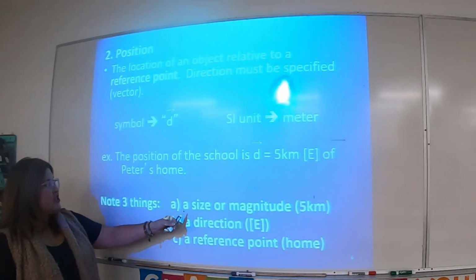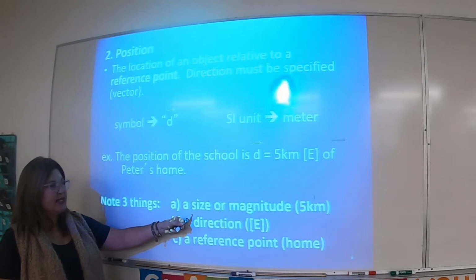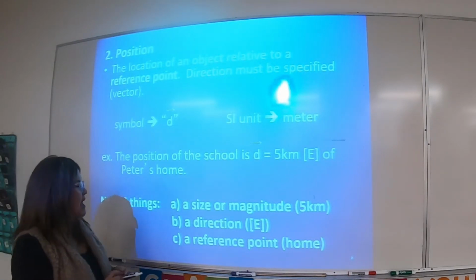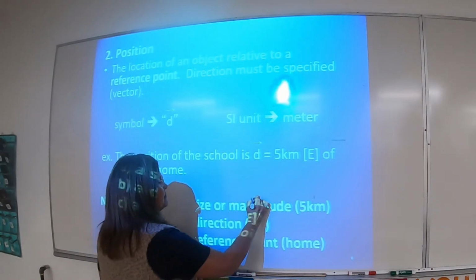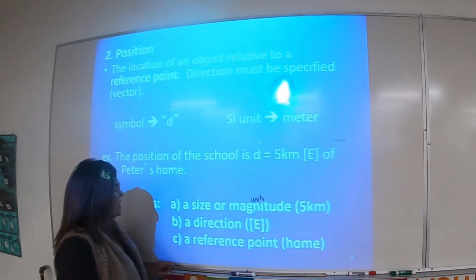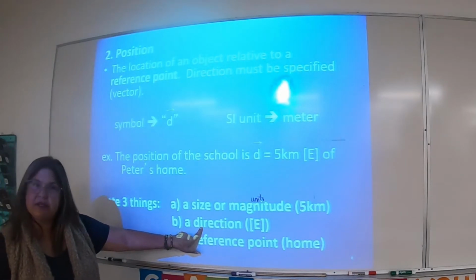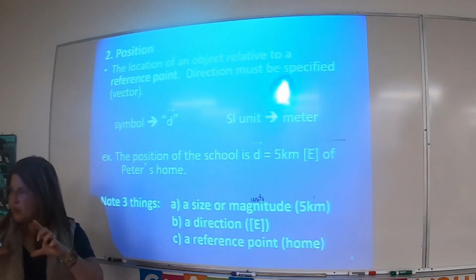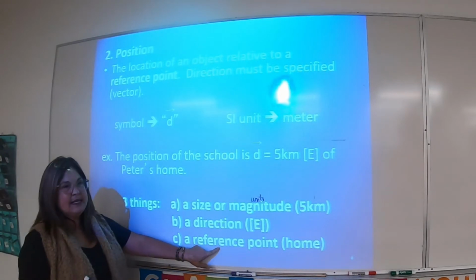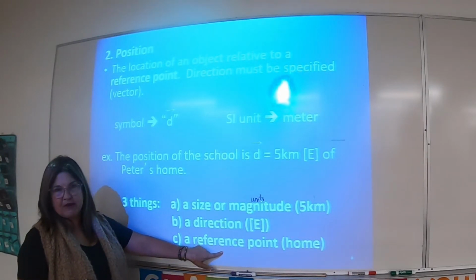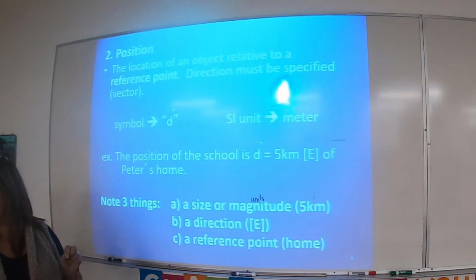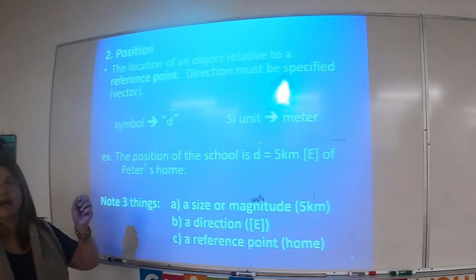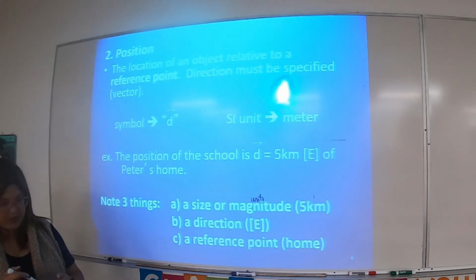When we have position, we need size or magnitude, so size and units. It needs to have a direction. Your direction will be in square brackets. And it needs to have a reference point, okay? So we are going east of the school or east of the swimming pool, whatever that starting point is.